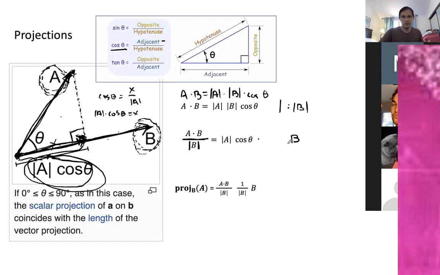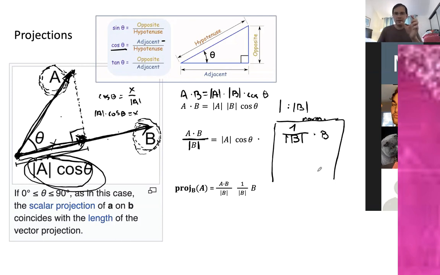I can compute the absolute value of this vector b, and I can look at this number, 1 over the absolute value of b, times b. This is the normalization of this vector b.